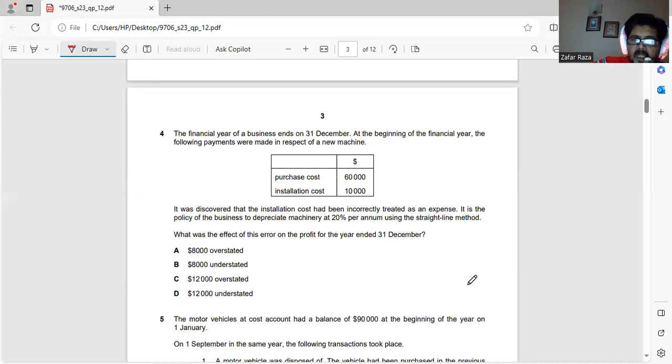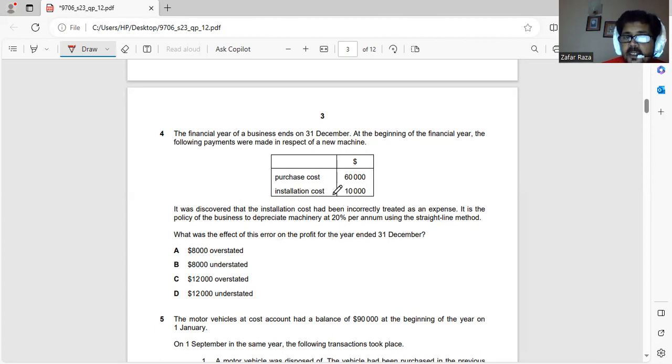Okay. Now, what we have to do actually, the answer is C. First, we have deducted 10,000 from the profit. We have to add back that 10,000 into the profit. But again, the depreciation of this installation cost, because it should be included in the cost, is not done.